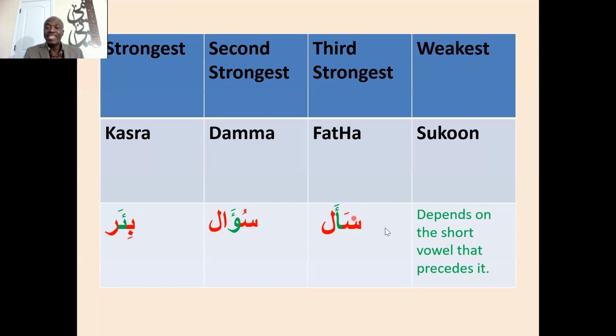Okay, let's see sa'ala. Sa'ala is to ask, and we take a look at the hamza here and the letter that precedes the hamza. The letter that precedes the hamza here is the letter sin, and the sin has the fatha, and the hamza has the fatha.